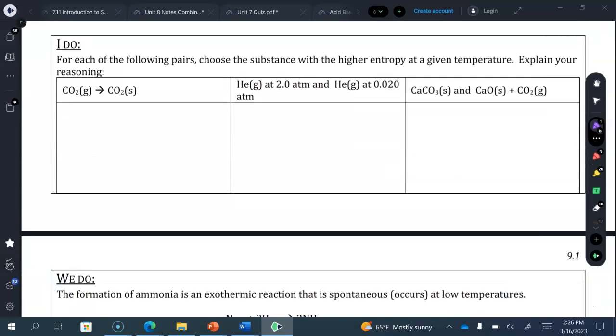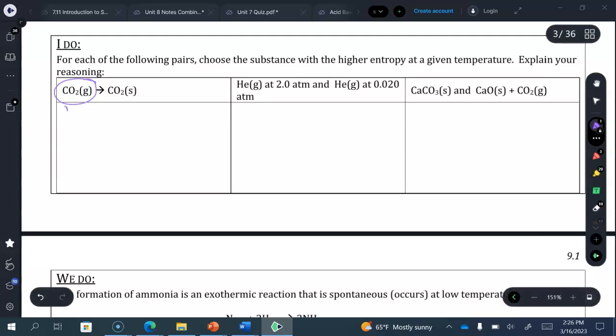next one. For each of the following pairs, we are going to choose the substance with a higher entropy at a given temperature and then explain our reasoning. So when we look at CO2 gas to CO2 solid, we're going to pick the one with the higher entropy. And from our notes, we know that gases are able to occupy more microstates and thus are able to have more entropy and a greater disorder.